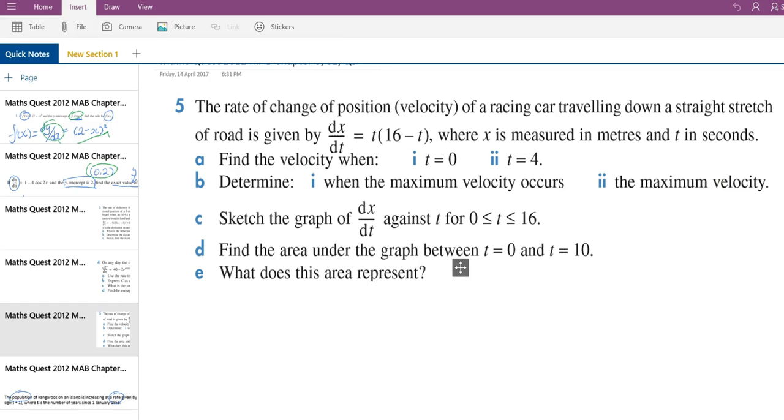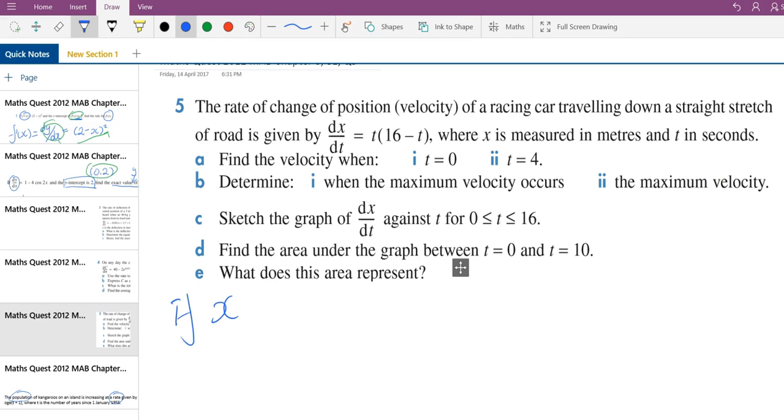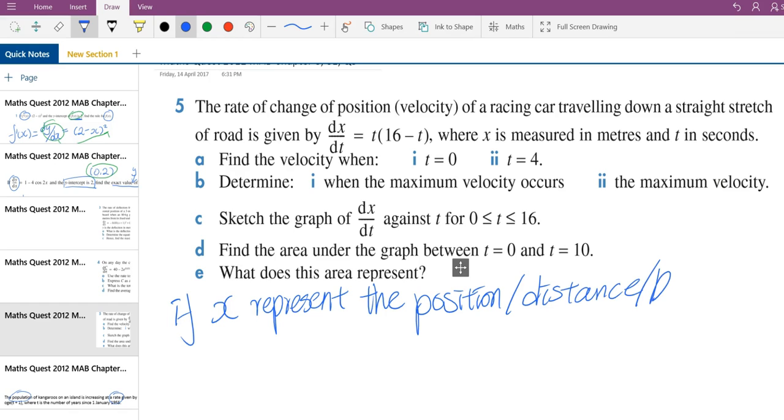So if x represents the distance, or the position, or displacement, these are some of the words that you might hear a lot to describe it.